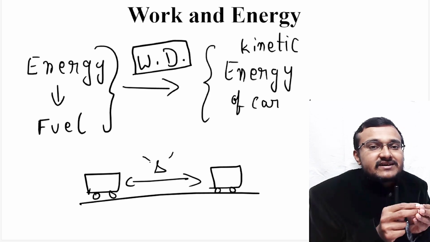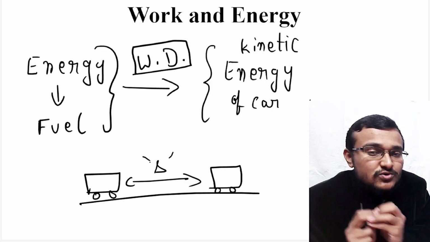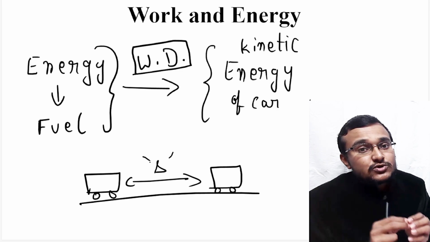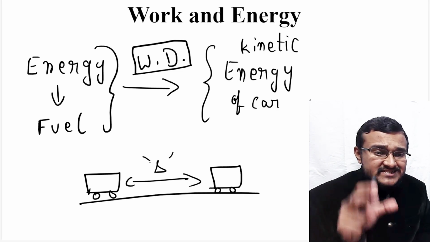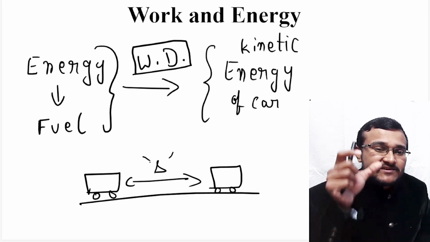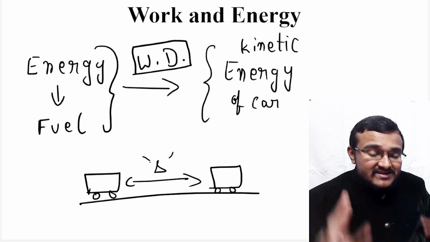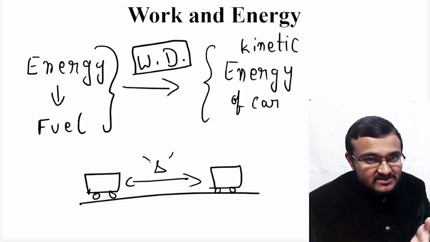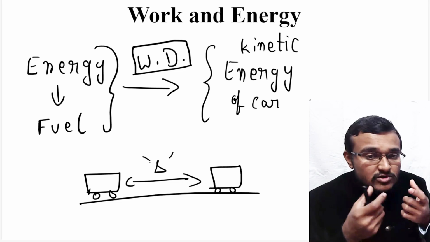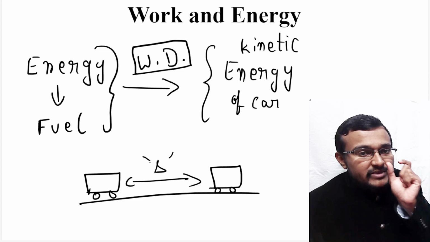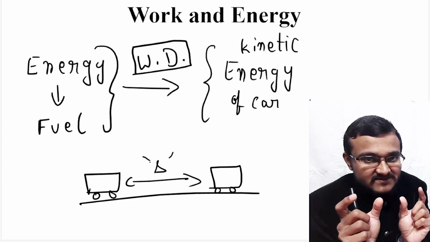So that's why work done is related to energy. Always remember, work done is related to energy. This is how you should try to understand work and energy. The main concept you are learning in this chapter is work and energy, so you should be able to connect the relation between work and energy.